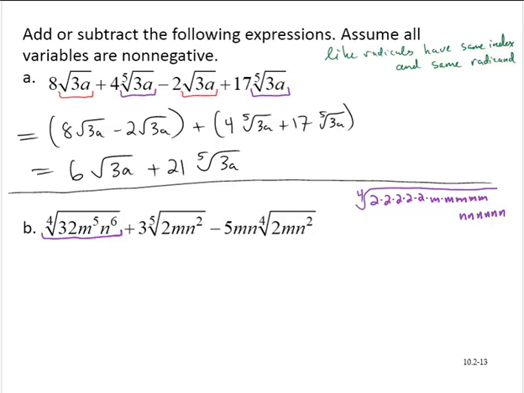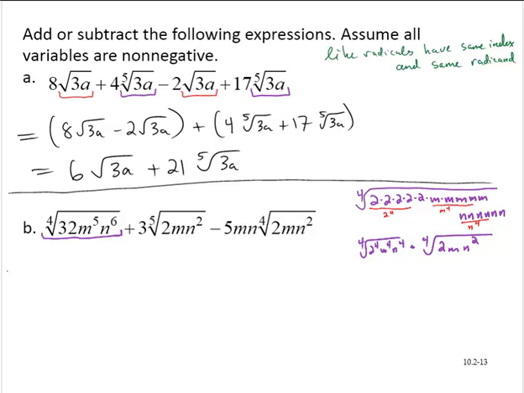So there's a 2 to the fourth, there's an m to the fourth, and there's an n to the fourth. So this becomes the fourth root of 2 to the fourth, m to the fourth, n to the fourth, times the fourth root of what's left over, 2mn squared.